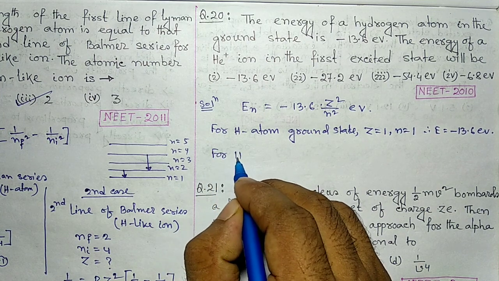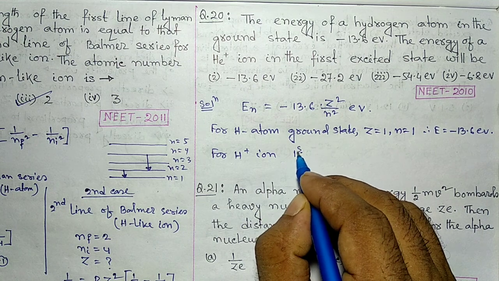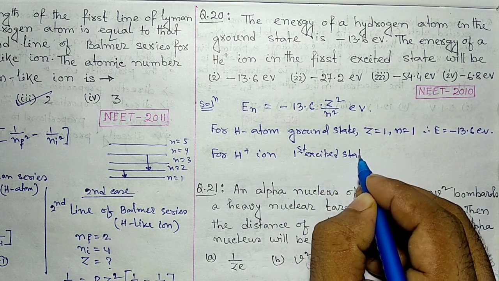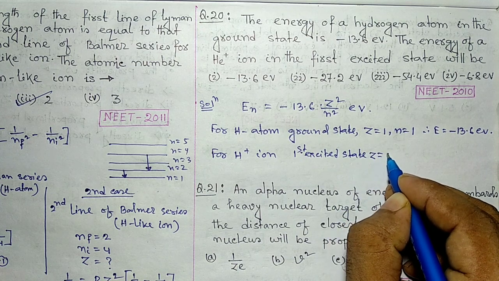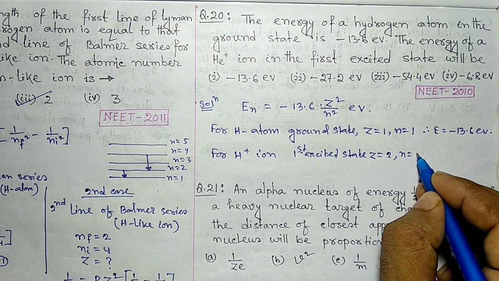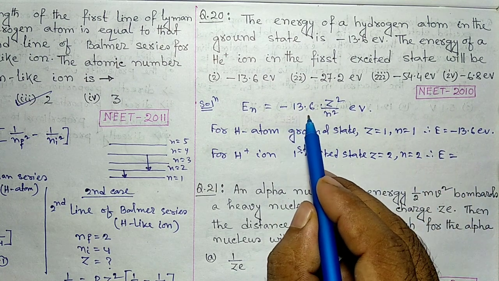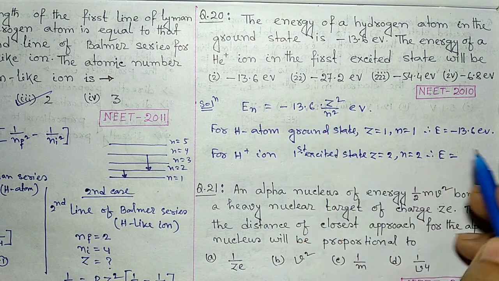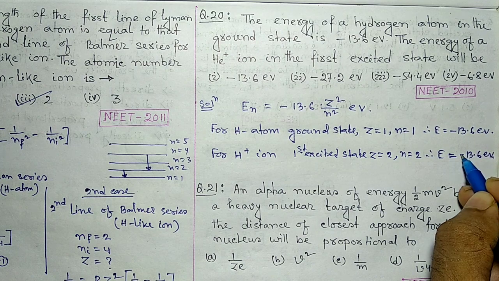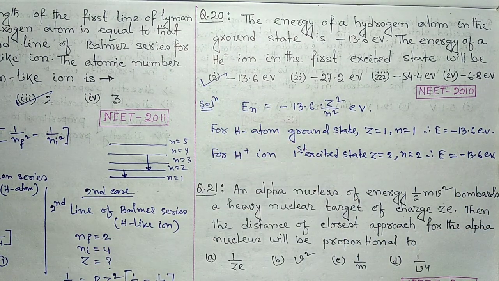For He plus ion and first excited state, Z is equals to 2. As it is first excited state, N is also equals to 2. Therefore, E is equals to minus 13.6 times 2 square divided by 2 square, so it is minus 13.6 also. So option 1 is the right.